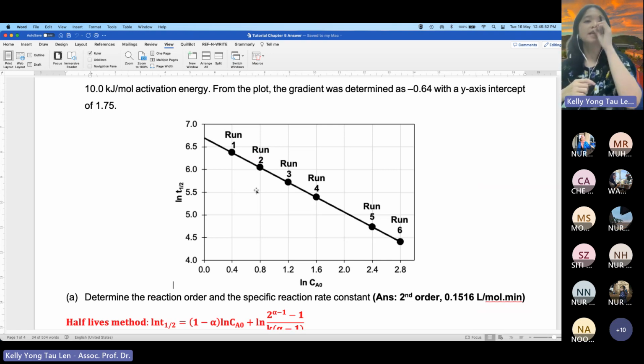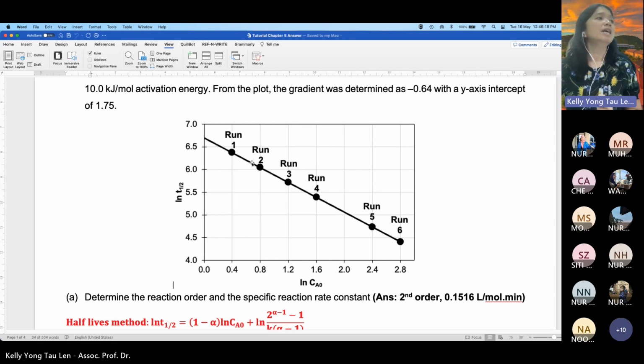Okay, I put in the reactor, saya catat masa, berapa masa diperlukan untuk 2 molar ni menjadi 1 molar. Half of its initial concentration. Lepas tu saya take out, I start back with fresh solution. Let's say I prepare 1 molar pula, saya tentukan berapa masa diperlukan untuk mencapai 0.5 molar. So I have different runs sebab each run menggunakan CA0 yang baru.